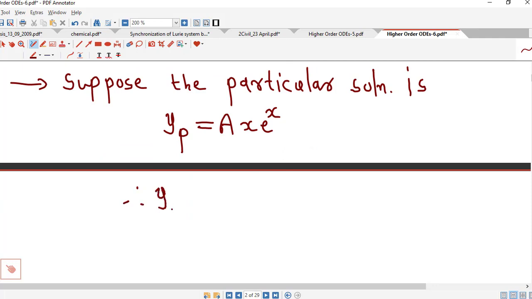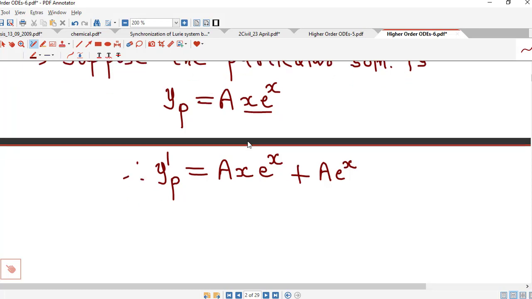So now we know the method. We find first and second order derivatives. Here we have x into e raised to x in the product, so we have to consider the product rule. We consider x as it is, derivative of e raised to x is e raised to x, plus a into e raised to x as it is, derivative of x is 1. Now again we have to apply the product rule for yp double dash.